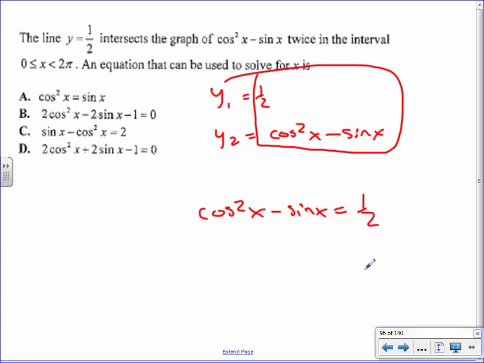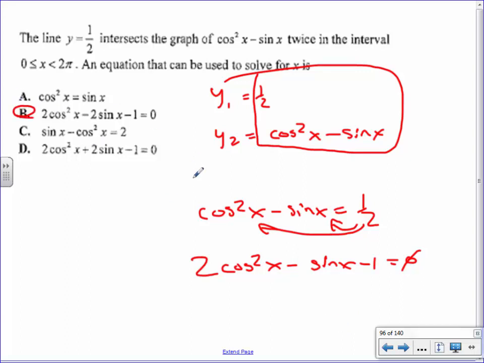But the trick I just showed you on the previous example would apply here. What if I were to take this 2 and multiply it to both sides? You would then get 2 cos squared x minus 2 sine x. If you subtracted 1 from the other side, it would equal 0. And I think that's one of the equations, isn't it? That's B.